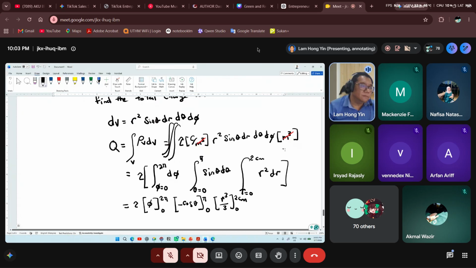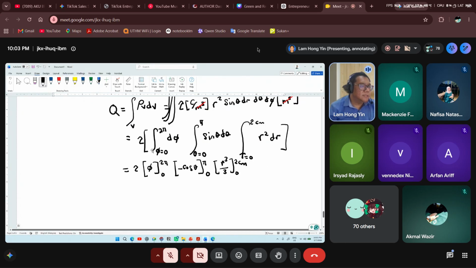Okay, so the rest is just normal mathematics. So 2 pi remains over here, minus 0 is still 2 pi. And then negative cos pi minus negative cos 0, if you press the calculator, you will get 2.